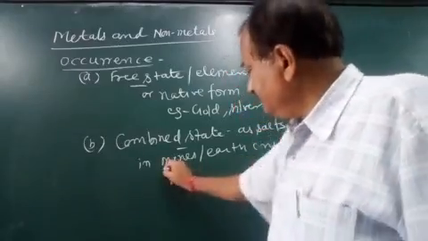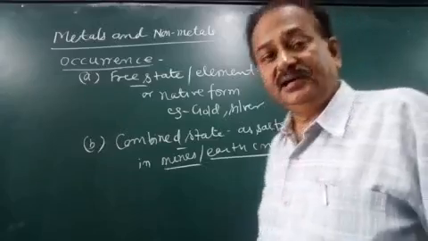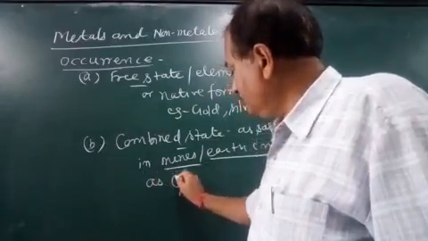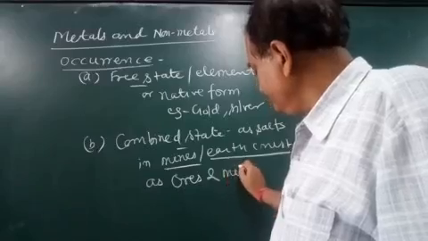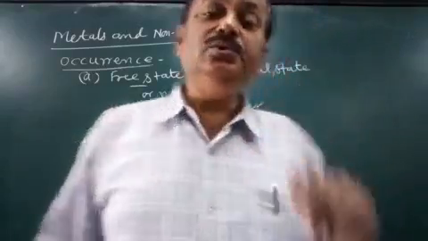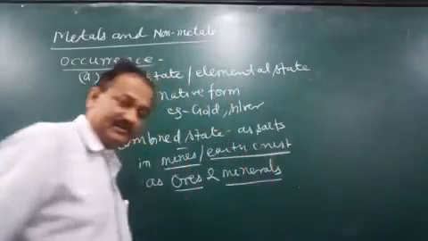So they are found in mines, or you can say they are found in the earth crust as ores and minerals. So there are two different dimensions. One is ores and the other is minerals.